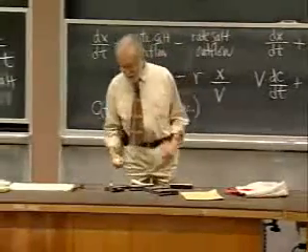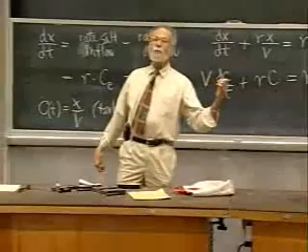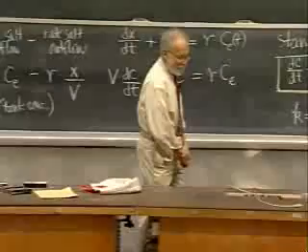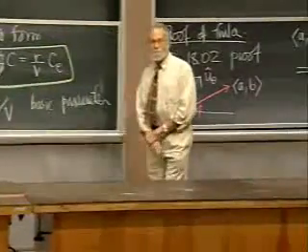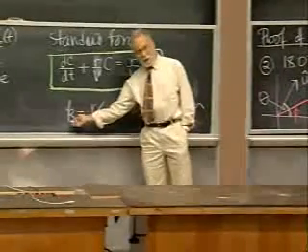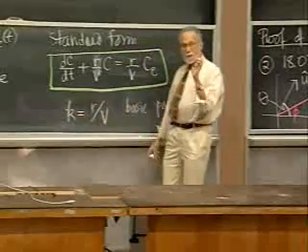In other words, if R over V is 1/10, it means that 1/10 of the tank will be emptied in a minute, say. In other words, we've lumped these two constants into a single K, and at the same time have simplified the units.